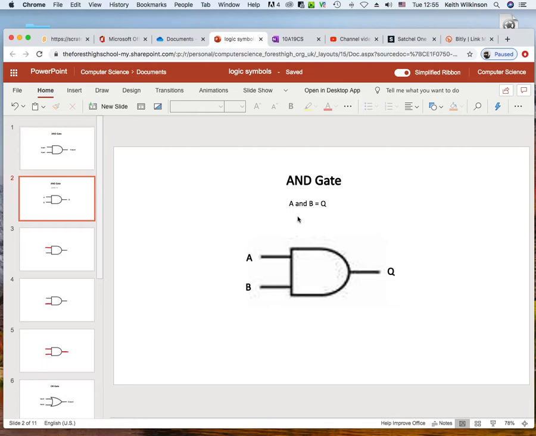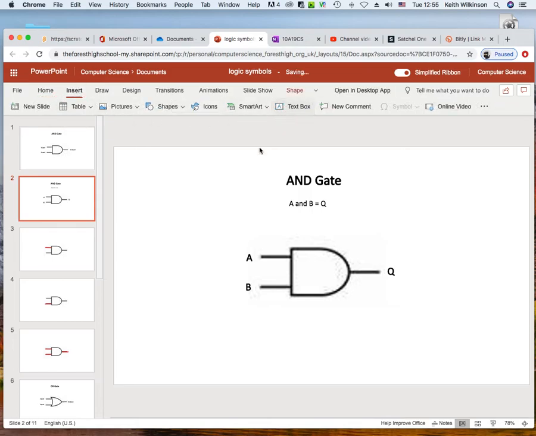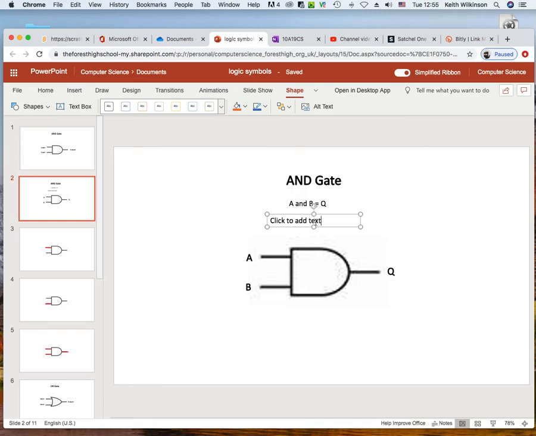Let's write it down again, but instead of using the word AND, I'm going to use a symbol to represent AND. So this is going to be a bit tricky. Let's again insert a text box. I'm going to put A and shrink that all the way down. Let's see if I can copy that and paste that.